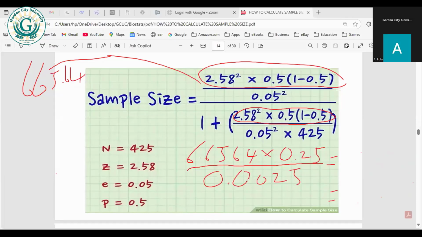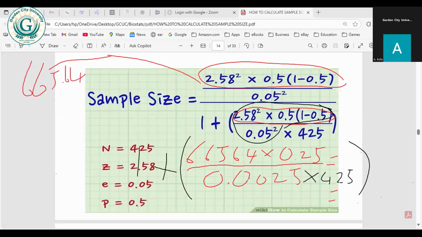So we have these 3 parts here. Now I can say this times the 425, I put everything in bracket, plus 1. Do you guys agree with me?